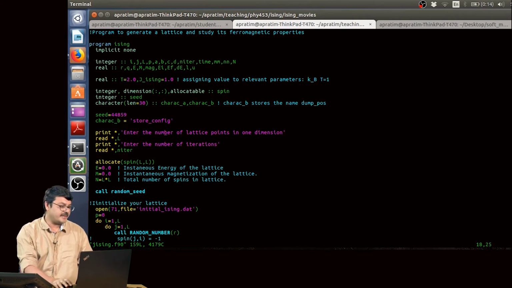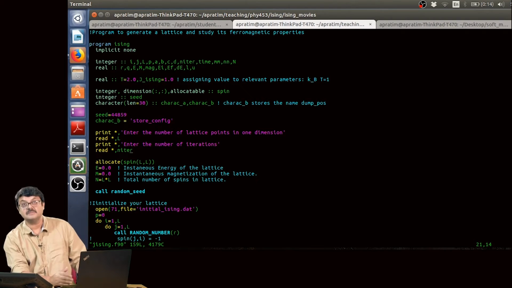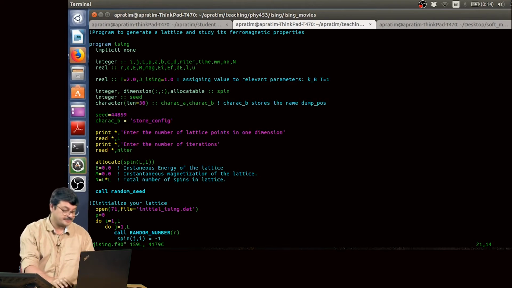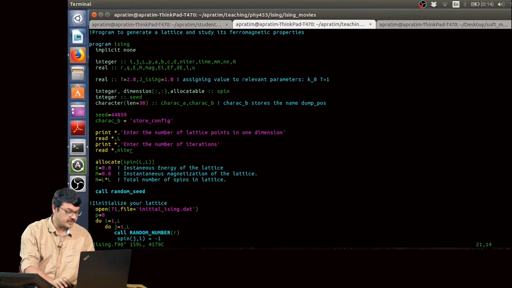Okay. So, here I am saying, please give the number of lattice points in one dimension. So, that is L, you can give L to be 20, 30, 40, 5, 10, whatever you want, and the number of iterations that you want at that particular temperature. We shall first do this and see how thermodynamic quantities evolve.